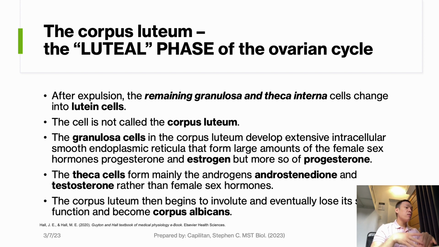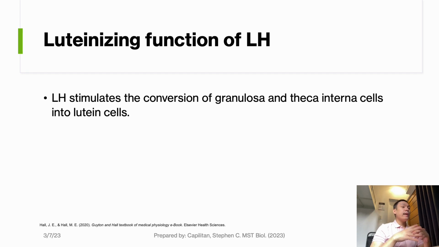The theca cells form mainly the androgens, androstenedione and testosterone, rather than female sex hormones. The corpus luteum begins to involute and eventually loses its function, becoming the corpus albicans. LH will stimulate the conversion of granulosa and theca interna cells into lutein cells.